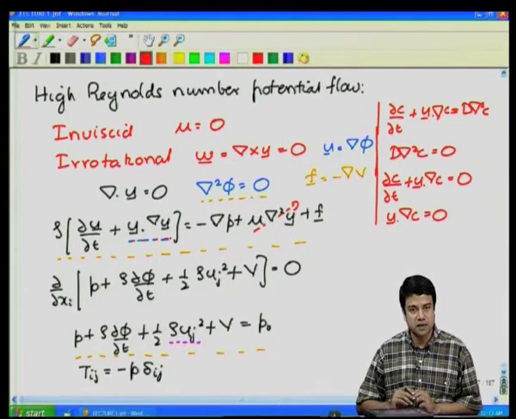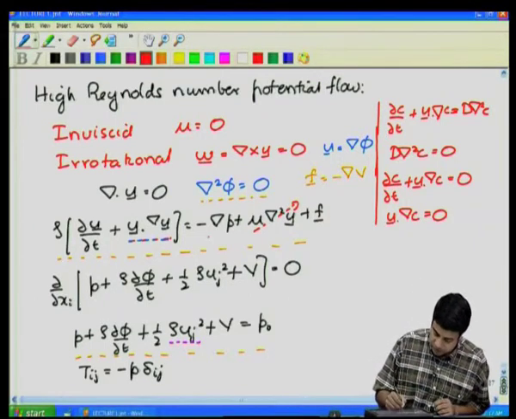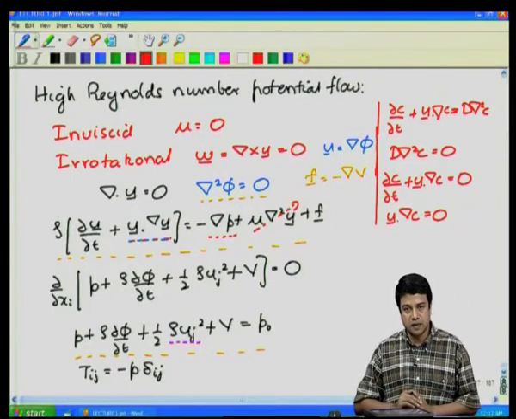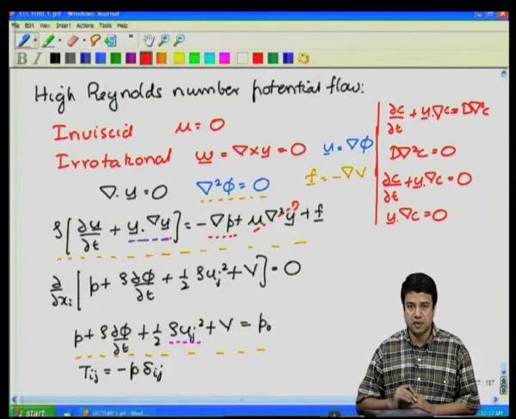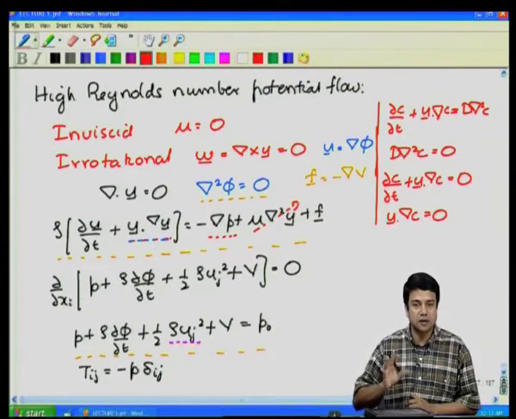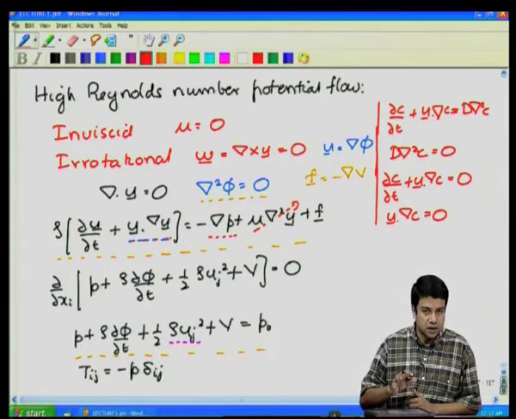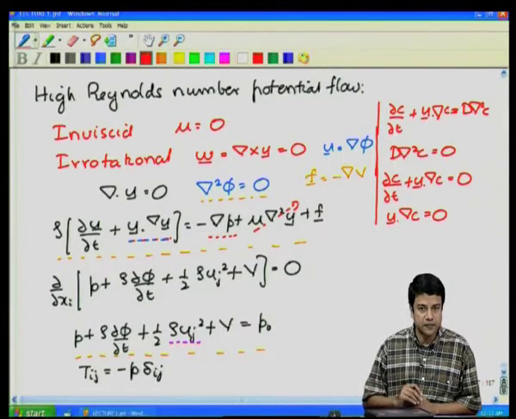In this case, of course, it's a more complicated system. The reason is because I have this additional fluid pressure here. In the case of mass and heat transfer, there is no equivalent of the fluid pressure, which tends to maintain a constant density throughout the flow. In the case of fluid mechanics, there is a fluid pressure which maintains a constant density throughout the flow.